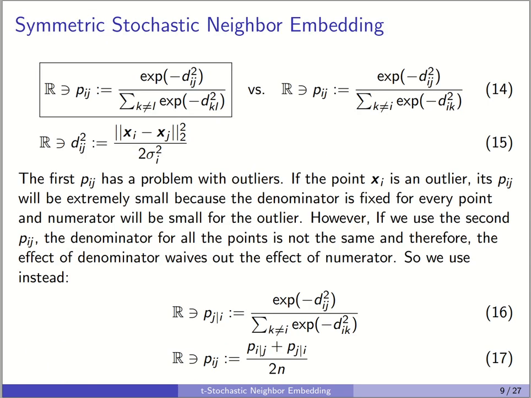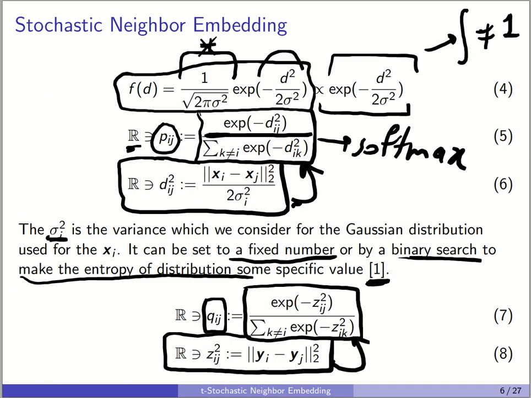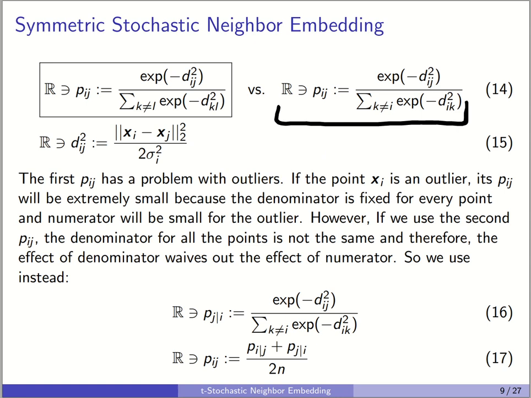Now there is also symmetric SNE, which was proposed in the paper of t-SNE. Do you remember we had this in SNE? Here we had equation 5. And consider this. We are summing over all points which are not i.